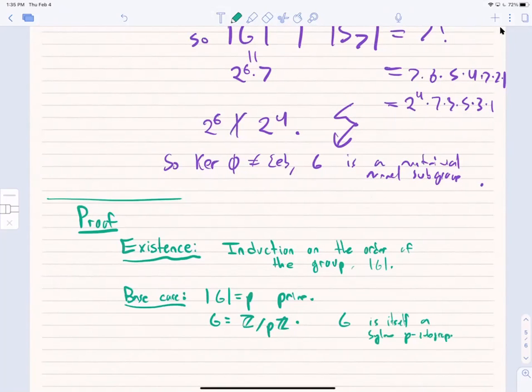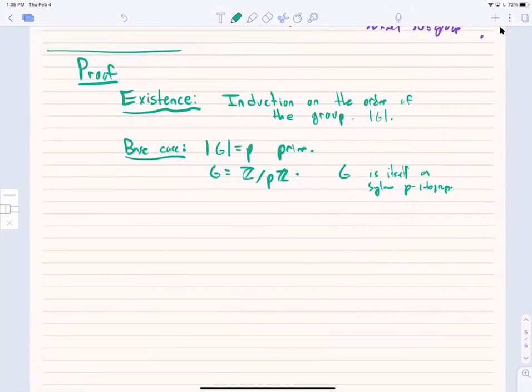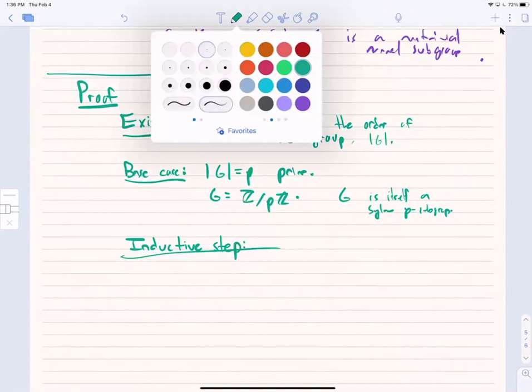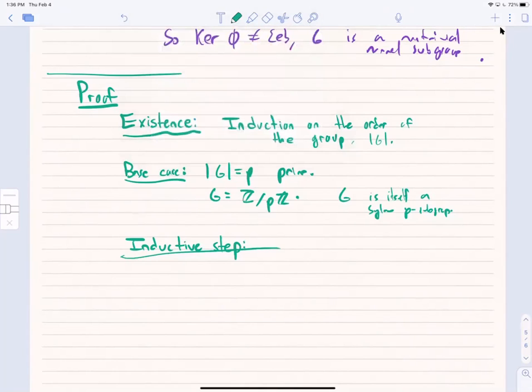Okay, so now we need to do the inductive step. What we're going to do is use the class equation.